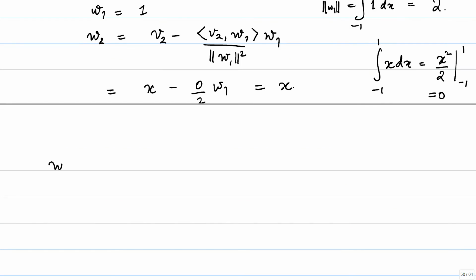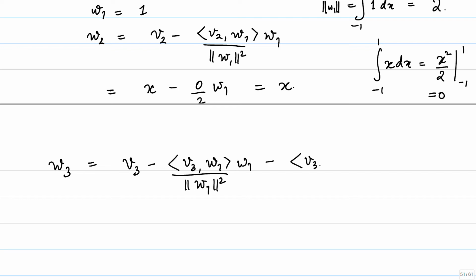How about W3? W3 will just be V3 minus the inner product of V3 comma W1 by the length of W1 square times W1, minus V3 comma W2 by W2 square, rather, times W2.